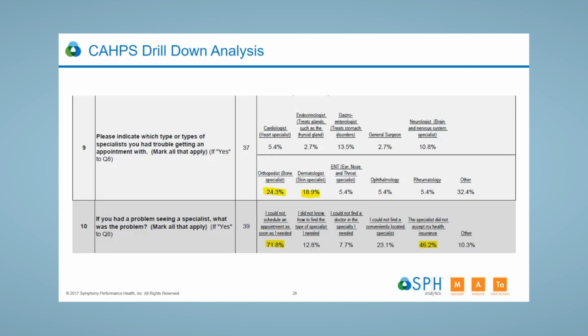We anticipated that rheumatology would be higher, but we hypothesized, because we had some rheumatologists who left our network and since been replaced, but at the time of this survey they had left, that the survey sample didn't include enough people who needed to see rheumatology for it to pop up on the survey as a higher area of focus.